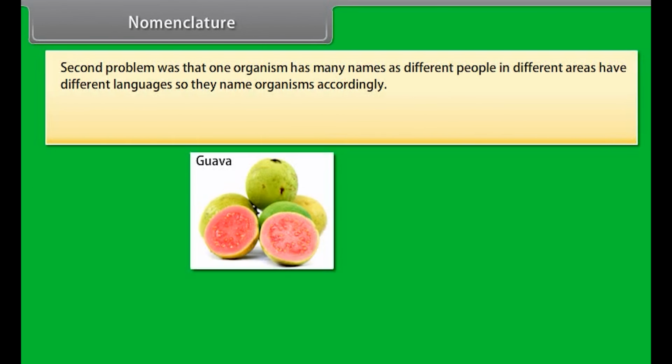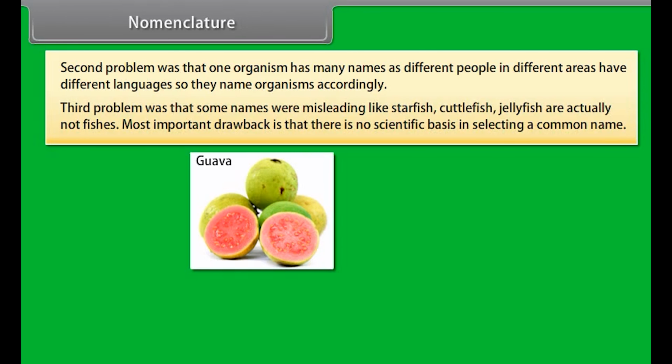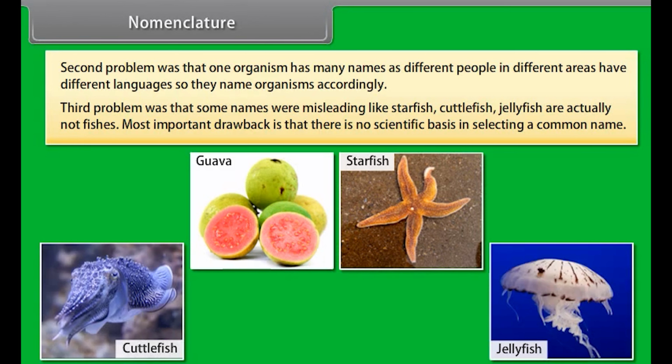The second problem was that one organism has many names, as different people in different areas have different languages, so they name organisms accordingly. The third problem was that some names were misleading, like starfish, cuttlefish, and jellyfish are actually not fishes. The most important drawback is that there is no scientific basis in selecting a common name.